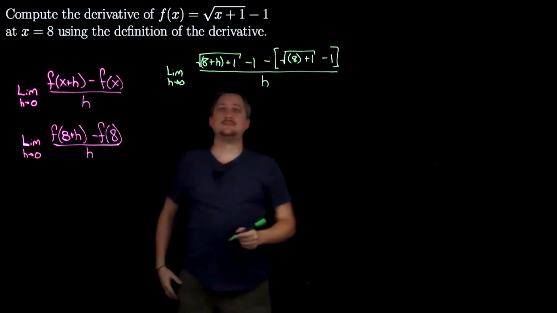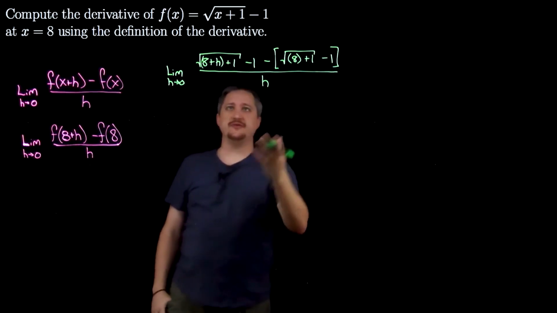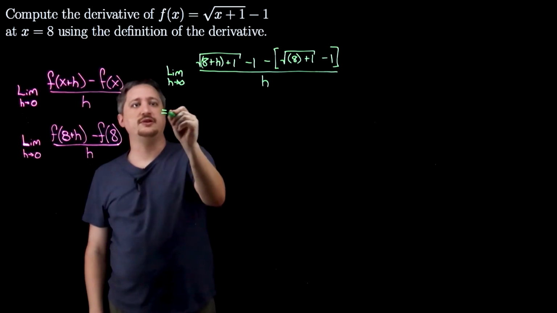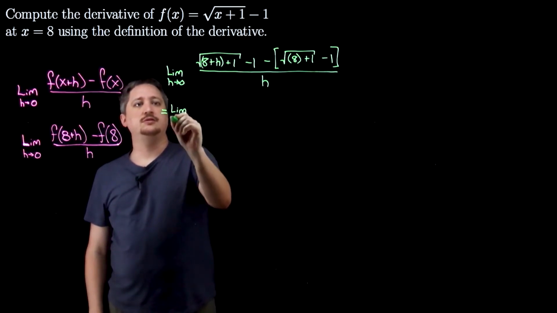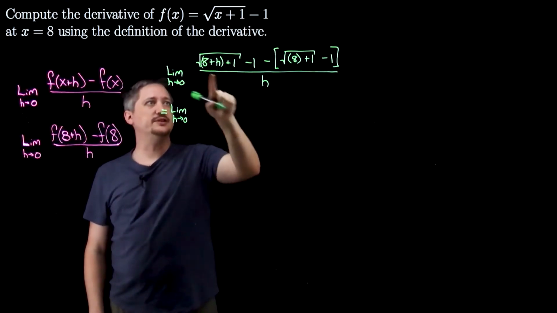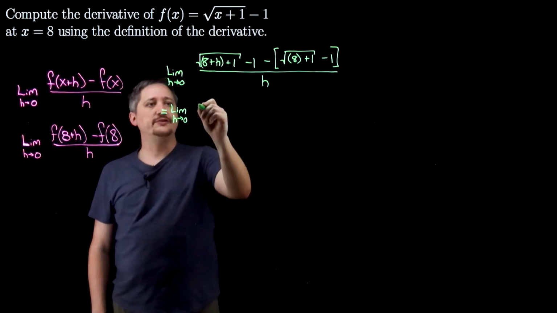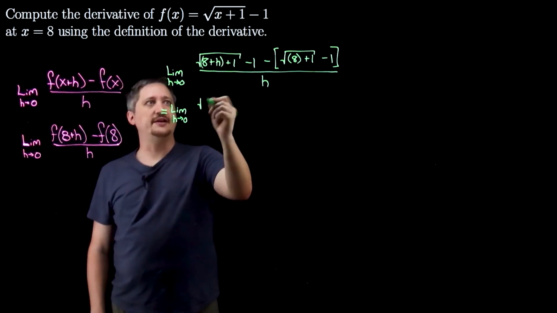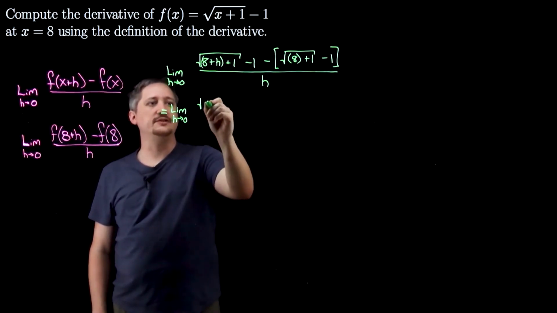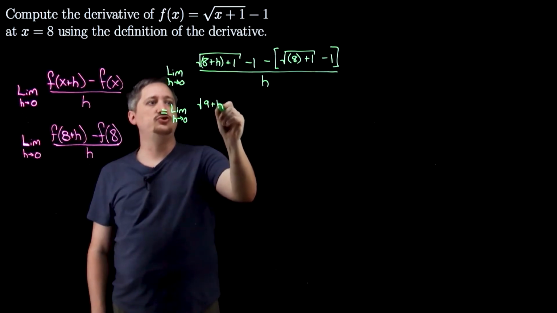Okay, so I'm going to simplify this as much as I can before I do anything else. The limit as h goes to 0. There's really nothing I can do with this because it's more than one term, so it's sort of locked in. I'm just going to rewrite this, putting my numbers together at least: 9 plus h.